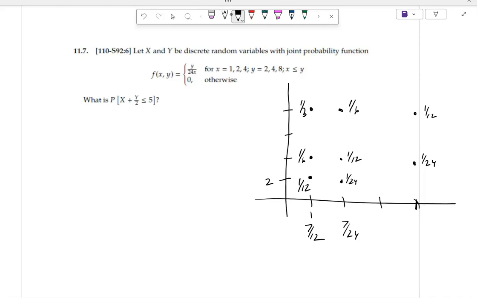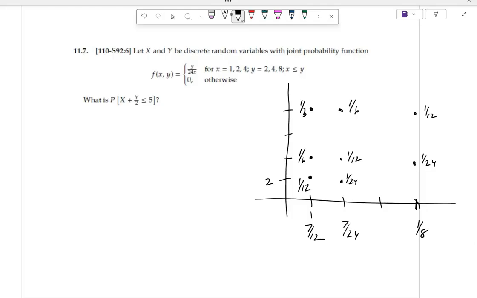And then I've got 2 24ths plus a 24th gives me 3 24ths, or 1/8. And again, if I add across that, I better get 1. It's a good way to check your arithmetic, right?